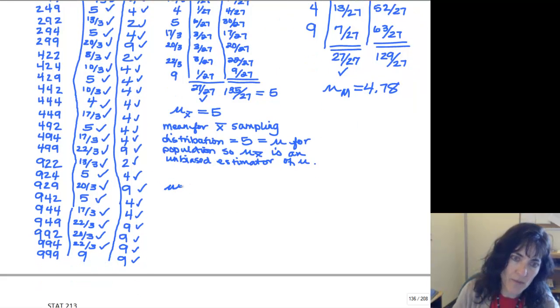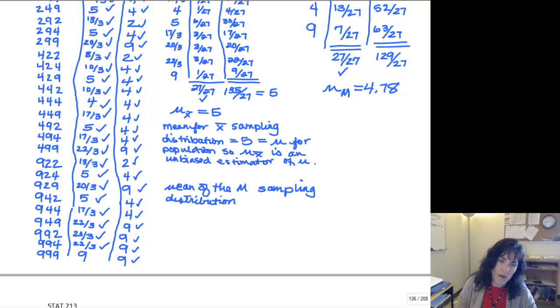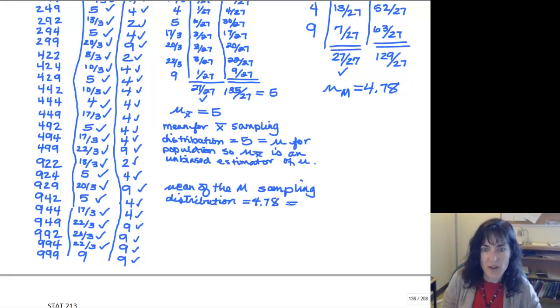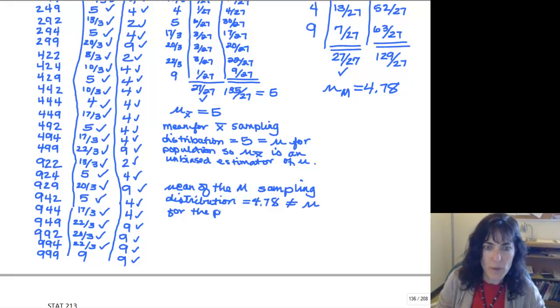So the mean of the median sampling equals 4.78, which is not equal to mu for the population, so the mean of the medians is a biased estimator.